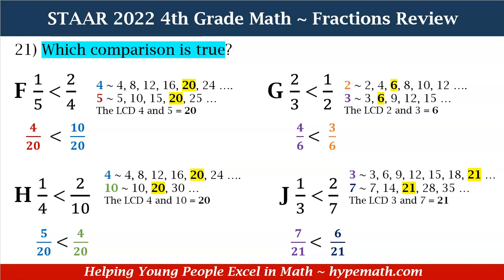For G, we have 2/3 is less than 1/2, but with our equivalent fractions, it reads 4/6 is less than 3/6. For H, we have 1/4 is less than 2/10, and for our equivalent fractions, it is 5/20 is less than 4/20. And for J, we have 1/3 is less than 2/7, so our equivalent fraction is 7/21 is less than 6/21.